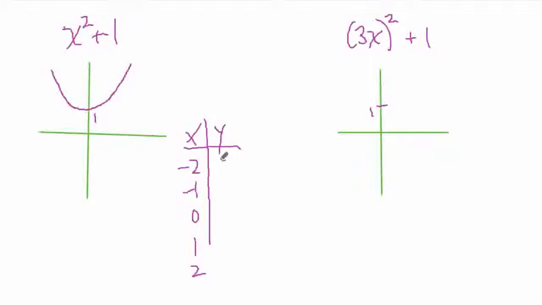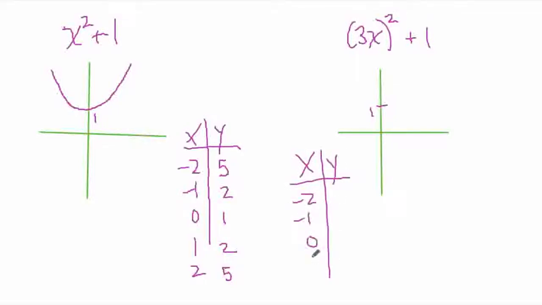So let's see, square and add 1. All right, so let's now do the second one. Triple it, square and add 1. Let's start with the 0.